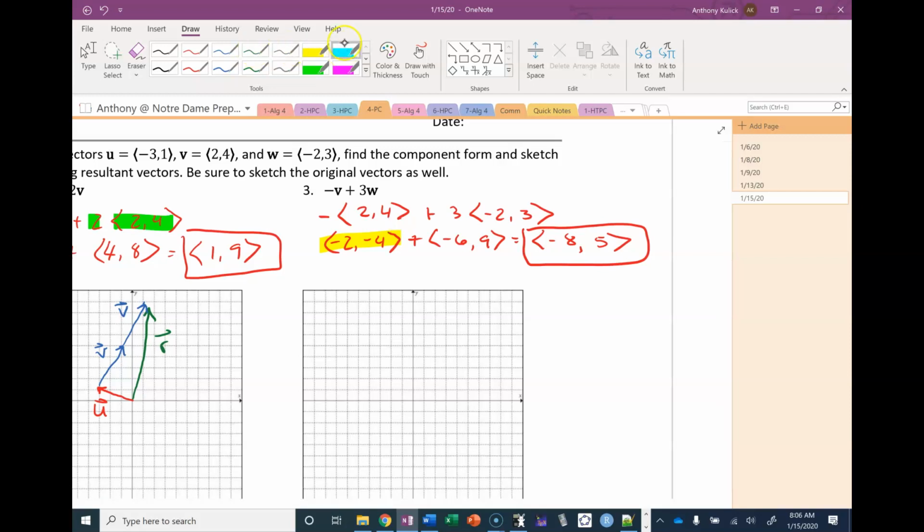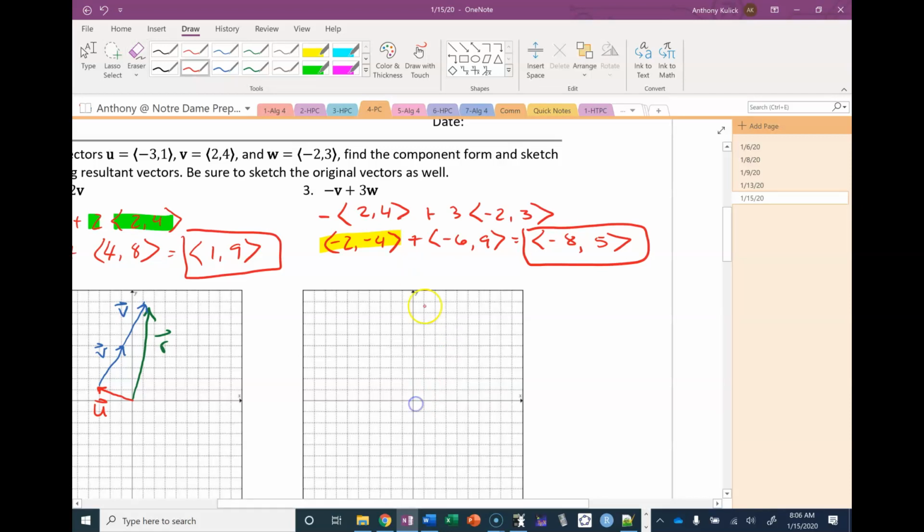So if I were to be really technical, 2 over 4 up, and then because of the negative sign, I would draw that going in the opposite direction. But that doesn't really help us in terms of drawing the resultant vector, because we need that first vector's initial point to be the origin.